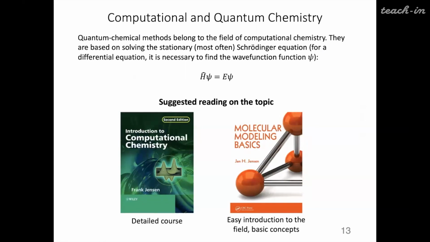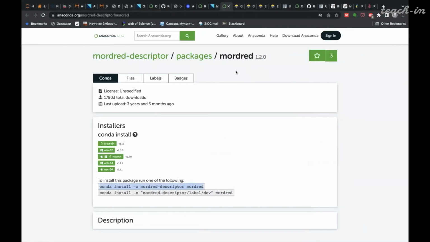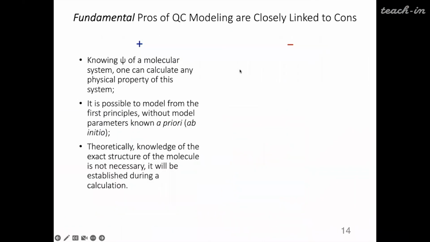First of all, the Schrödinger equation includes the wave function. The wave function describes a molecular system, and by knowing it, you can calculate any physical property of this system. By using quantum chemistry and the Schrödinger equation, it is possible to model any molecular system or any chemical system from first principles. So you just know the equation and you can try to solve it.